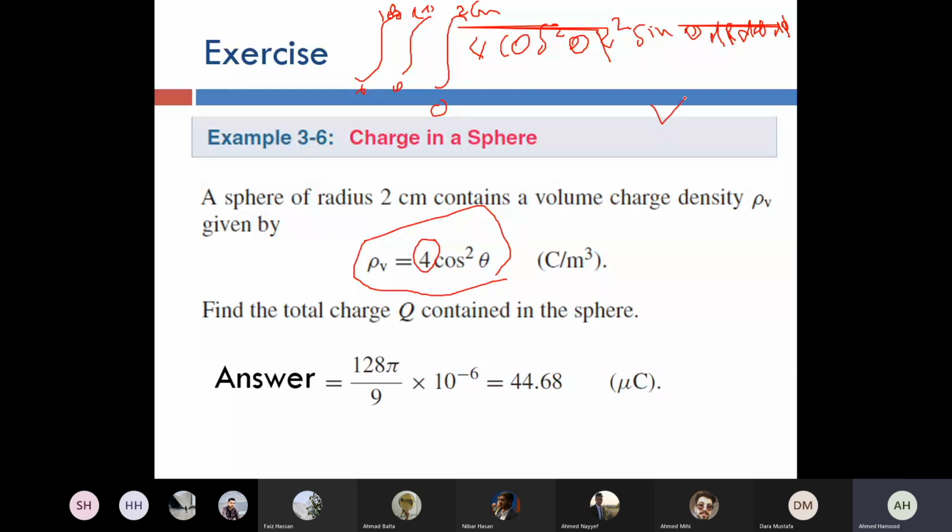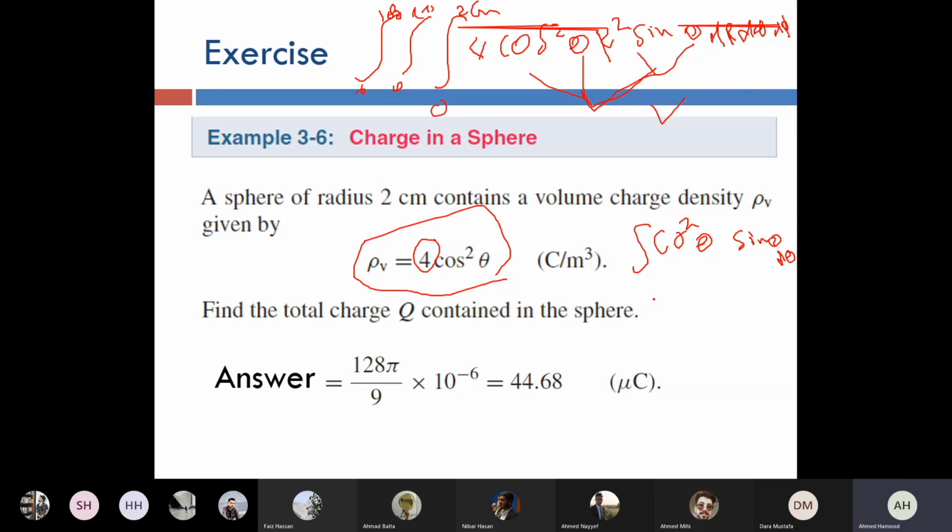If you do this, you have these integrations with sine and cosine. I believe you know the multiplications, or you can see the integration of cosine square and sine. How to do this?